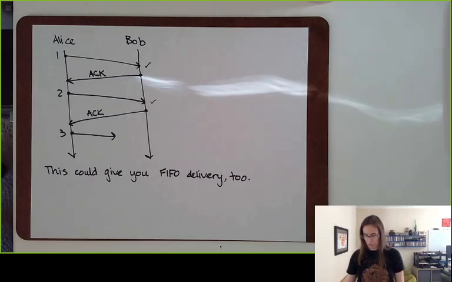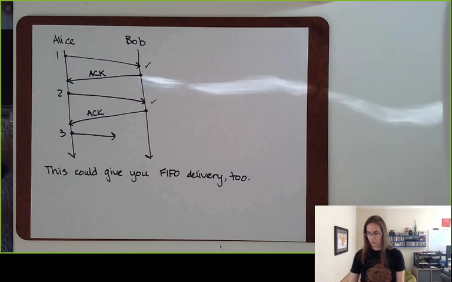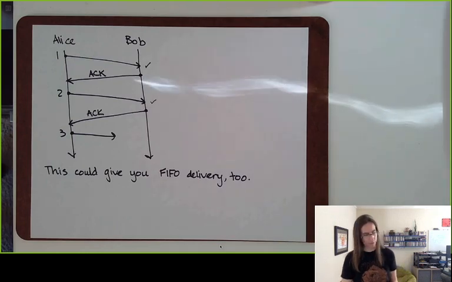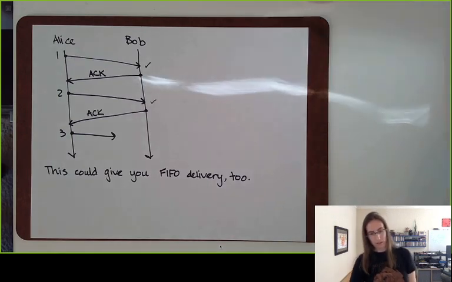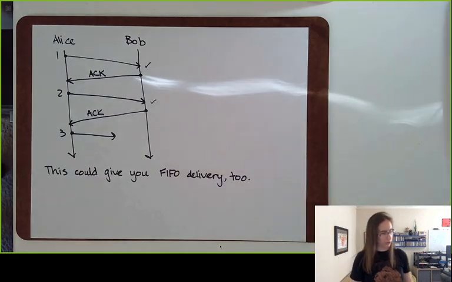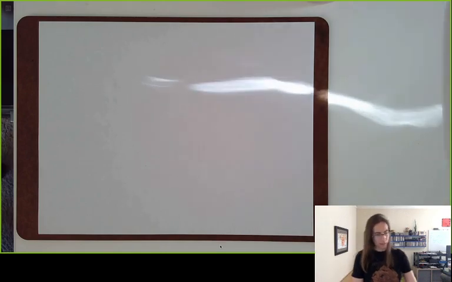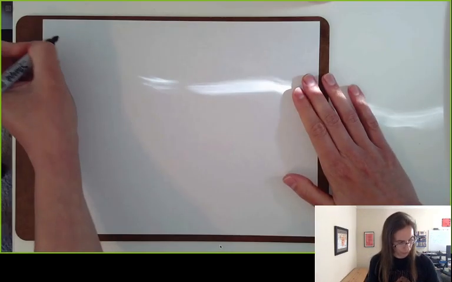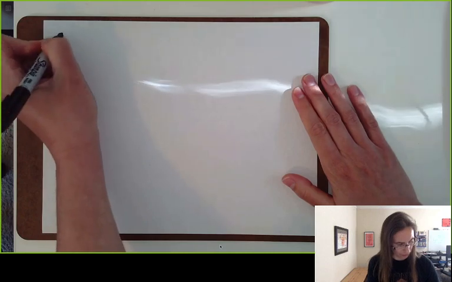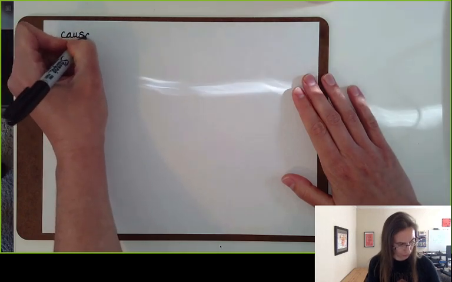And I think maybe some of you anticipated it a little bit when you mentioned vector clocks. So as usual, when talking about vector clocks, we're talking about causality. Now we're going to be talking about what's called causal delivery.